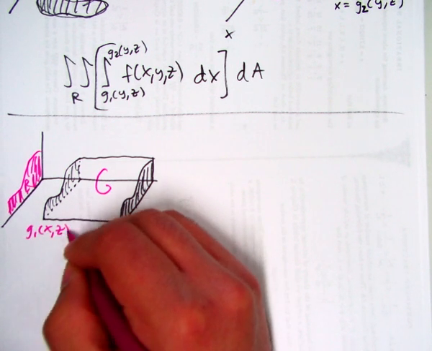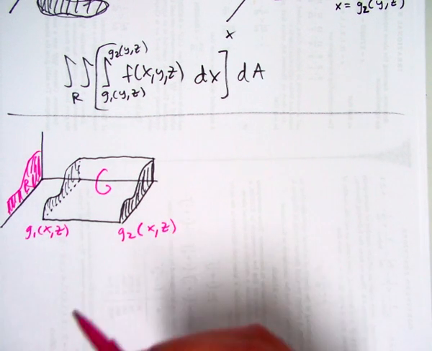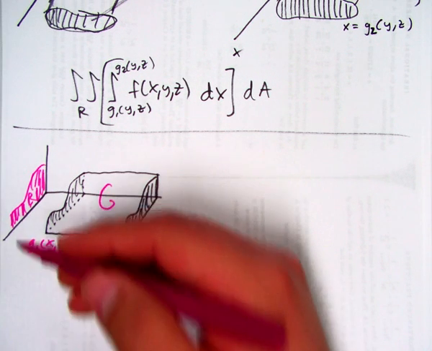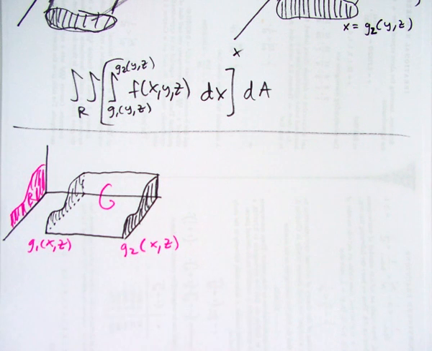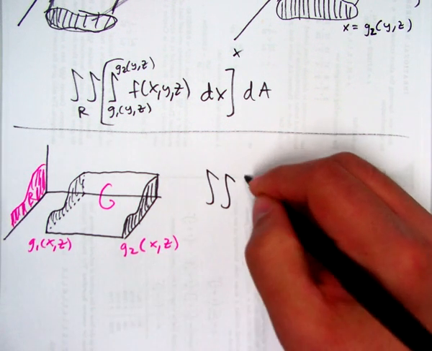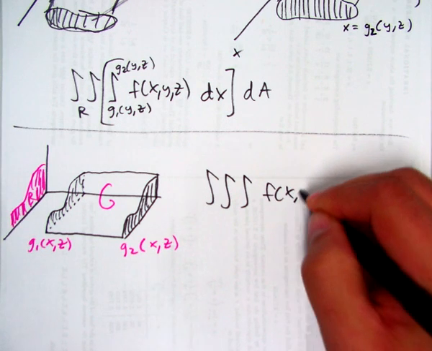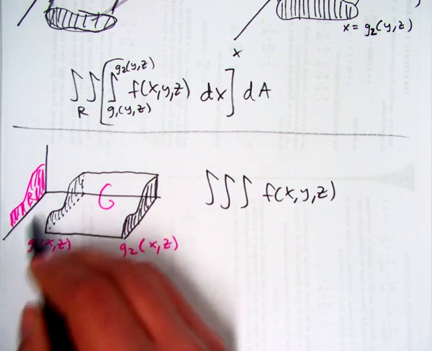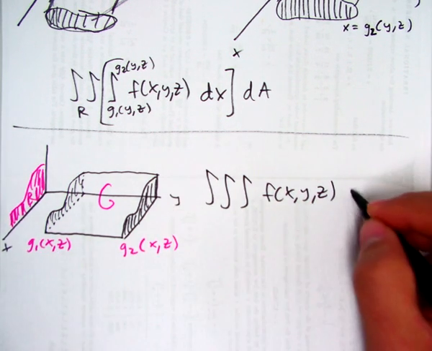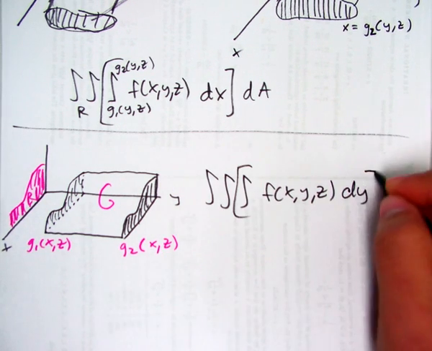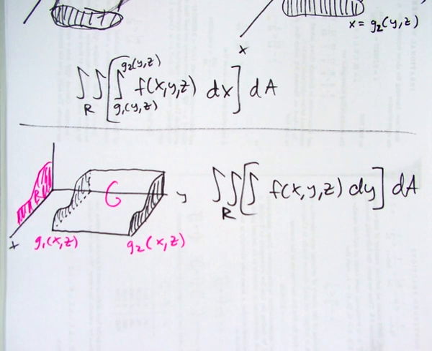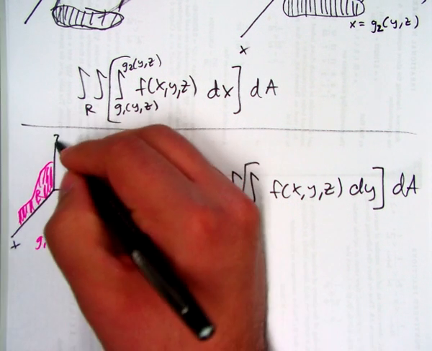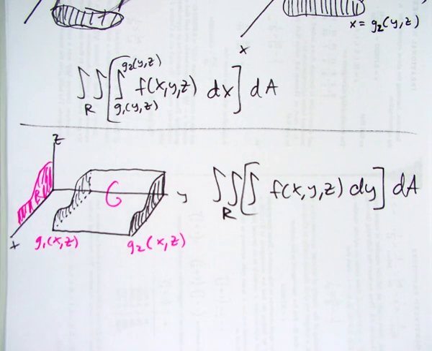So now instead of having lower or upper or forward and backward, here we have a left and right bound from our perspective. Okay? If that's the case, then the triple integral gets evaluated with respect to, what variable? Y first, so dy. And then we do dA over R, where R is the region, in this case, on the xz plane. Okay?